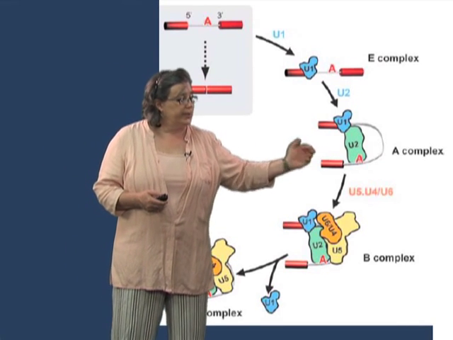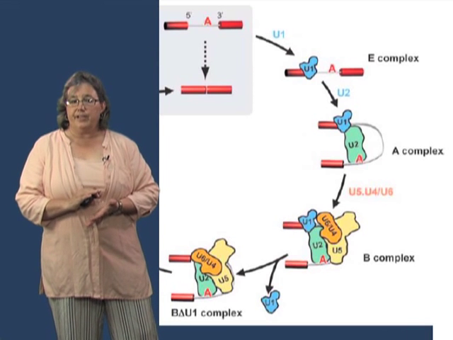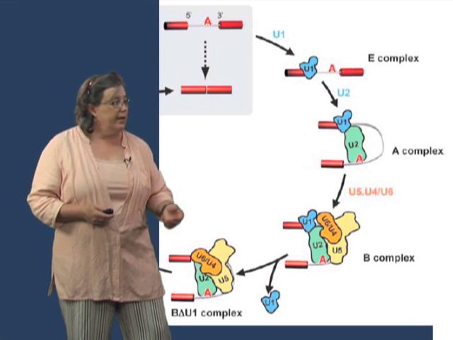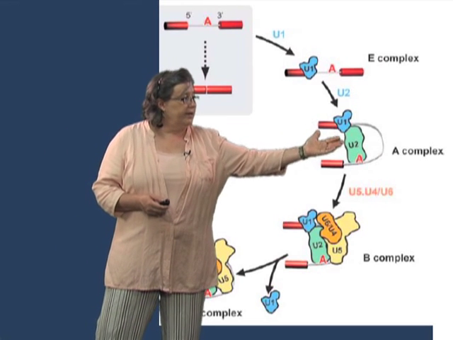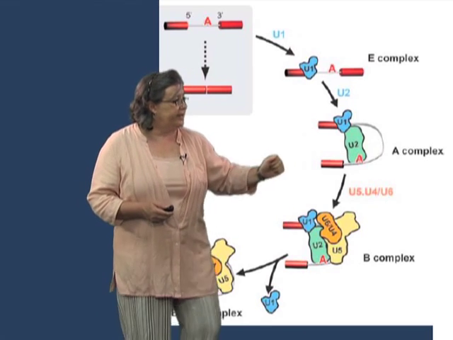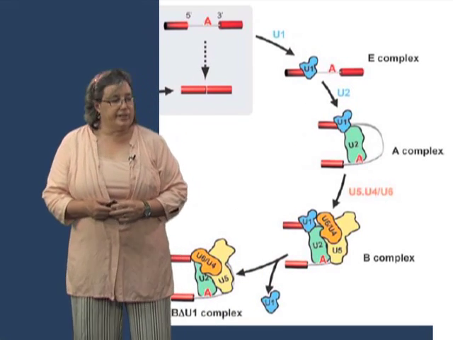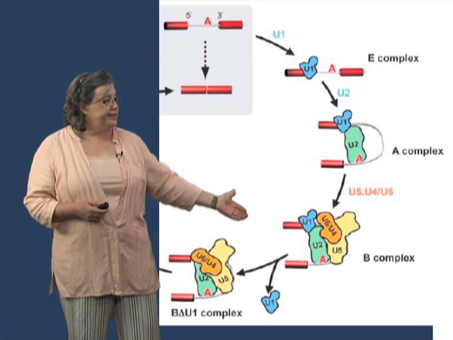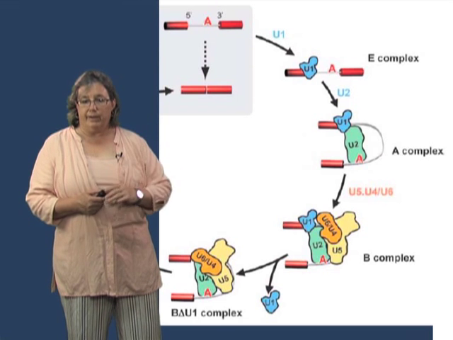Similarly, U2 snRNA base pairs with and recognizes the branch site consensus sequence. When U2 joins U1, it forms A complex. E complex stands for early complex, and then A, B, and C, as we'll see in a minute, were just named by where they ran on a gel.